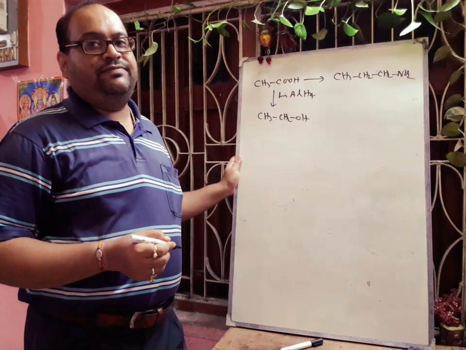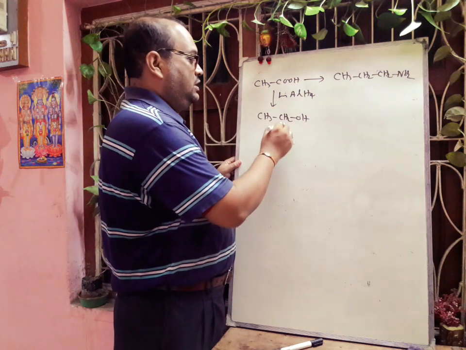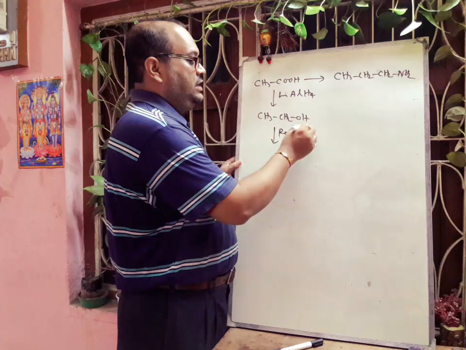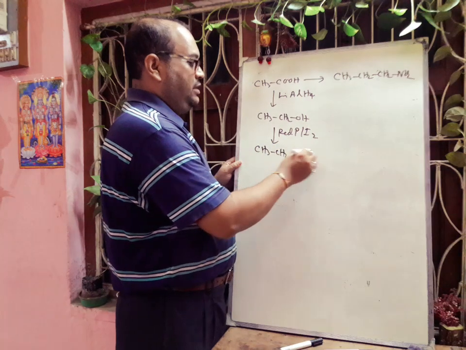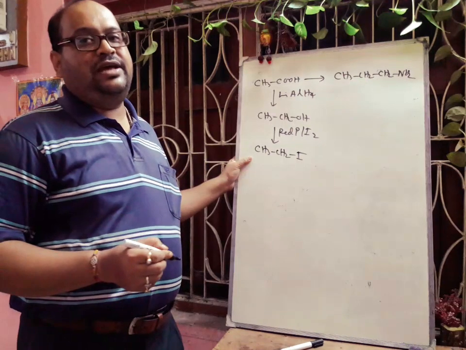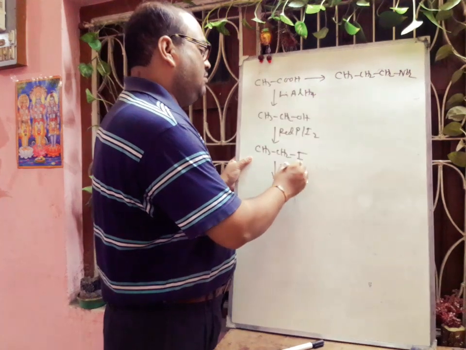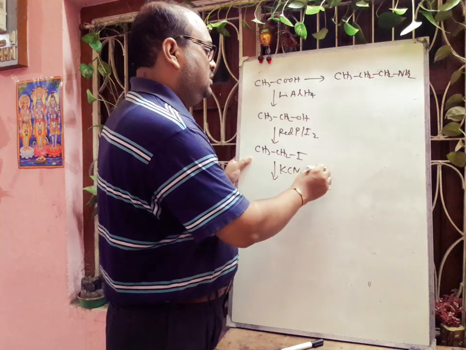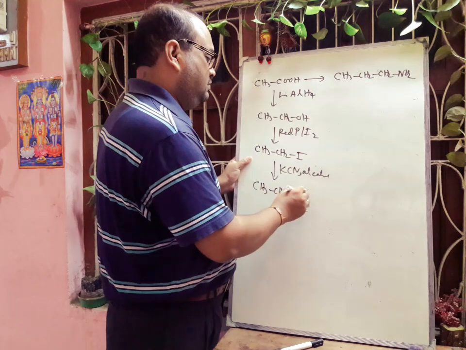And in the next step we want to convert it into iodide, okay, with red phosphorus and iodine, if we give, that will form CH3CH2I. Then next step we have to use potassium cyanide and alcohol for substitution reaction, forming CH3CH2CN.